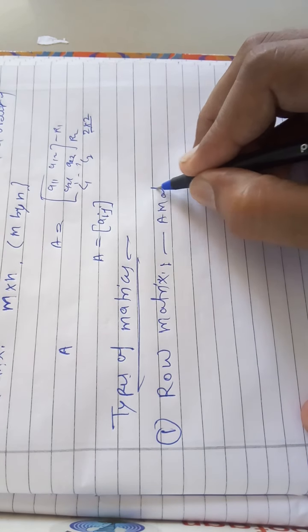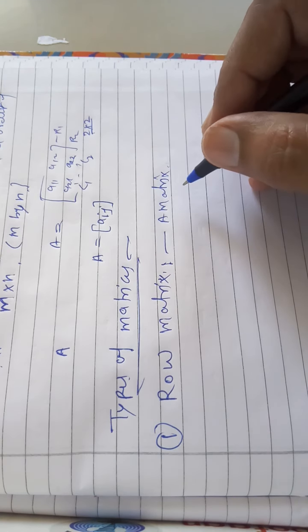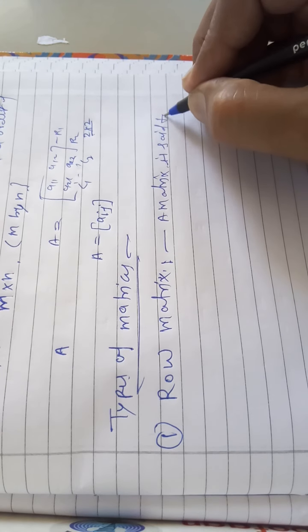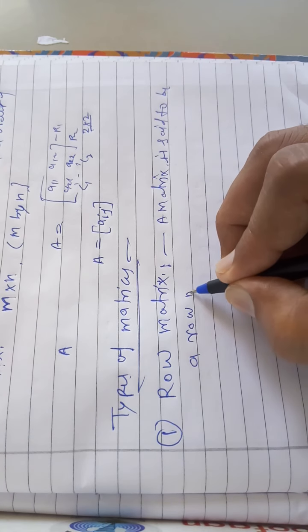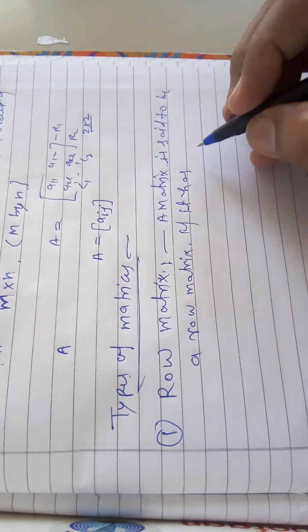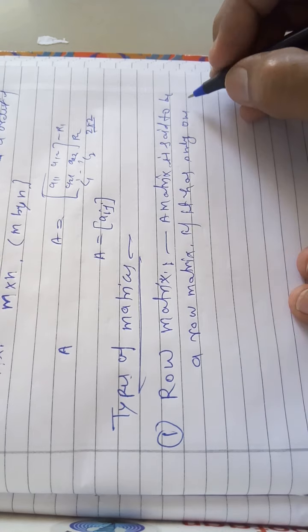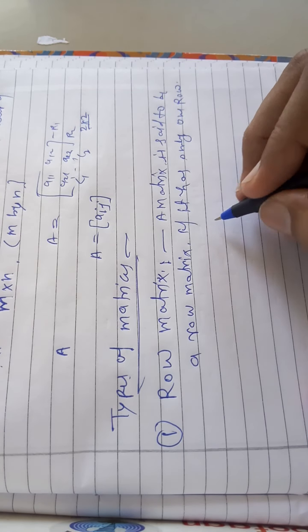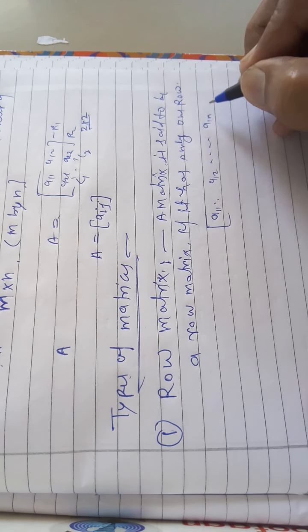A matrix is said to be a row matrix if it has only one row, that is, of this type: A11, A12 and so on up to A1n is a row matrix.